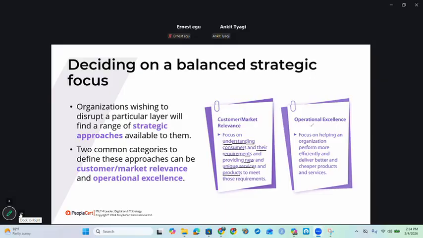Whereas for operational excellence, there's a focus on helping an organization perform more efficiently and deliver cheaper products and services. Now, this is about improving the organization itself. When I say the organization itself, I essentially mean the organization needs to improve their way of operating on a day-to-day basis. How well do they operate?